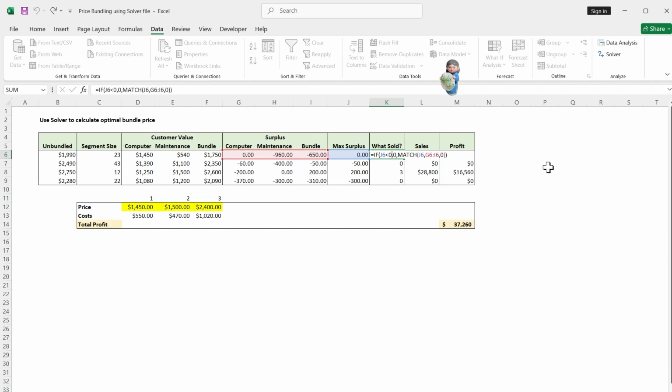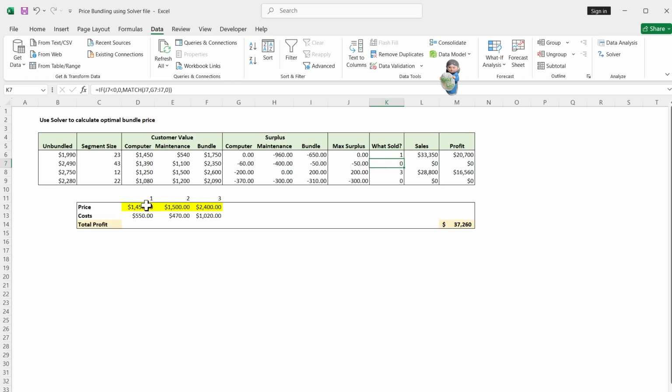So if this one is a 1, meaning that these customers will buy computer only, because this is what they value, computer, right? No surplus, but if they need it, they still would buy it. Over here is 0, because the customer doesn't buy. We can see that there is no positive surplus or negative.